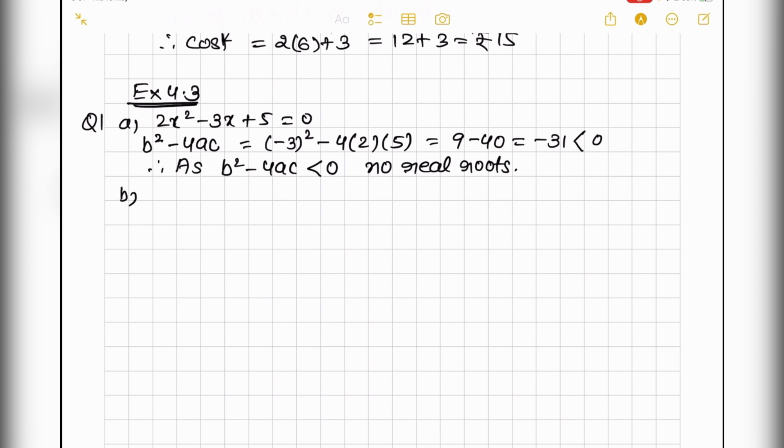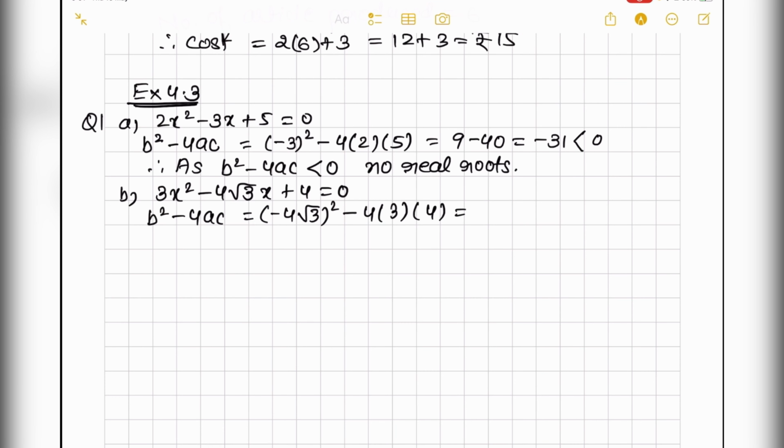Now part b is 3x square minus 4 root 3x plus 4 equal to 0. Again, b square minus 4ac: minus 4 root 3 whole square minus 4 into 3 into 4. So minus 4 square will be 16 into 3, minus here also 16 into 3, so equal to 0.